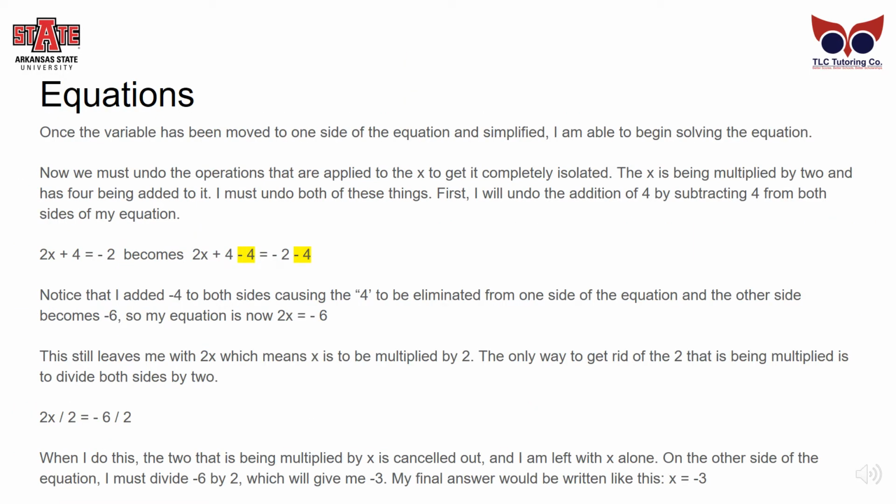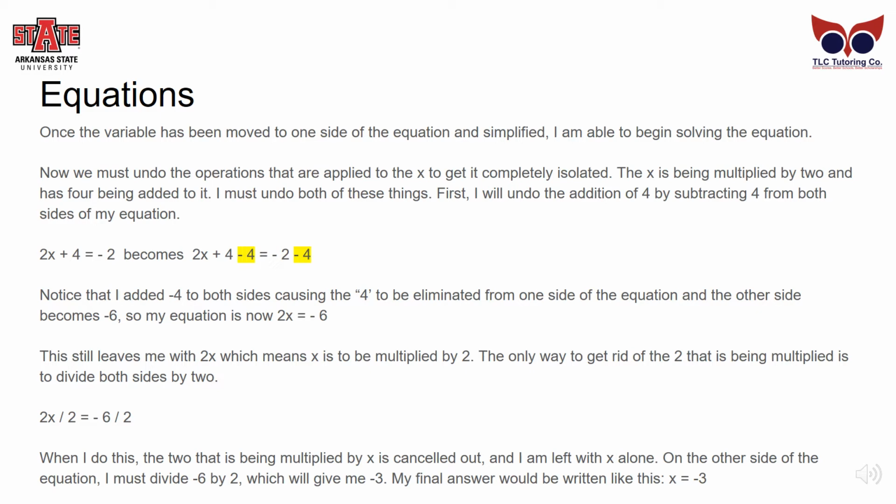Once the variable has been moved to one side of the equation and simplified, I am able to begin solving the equation. Now, we must undo the operations that are applied to the x to get it completely isolated. The x is being multiplied by 2 and has 4 being added to it.